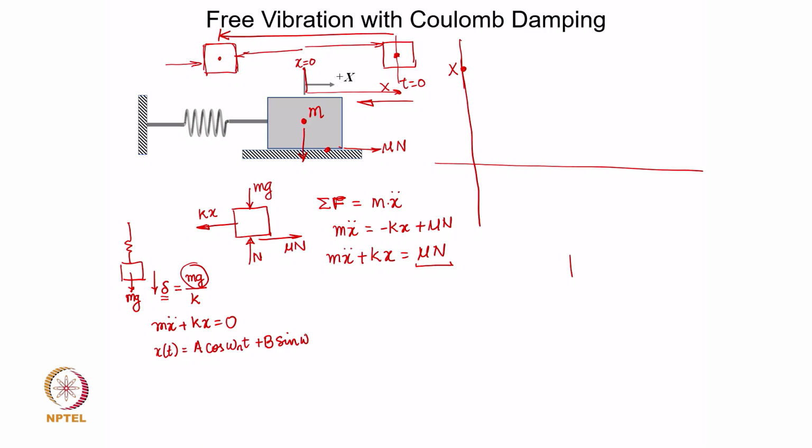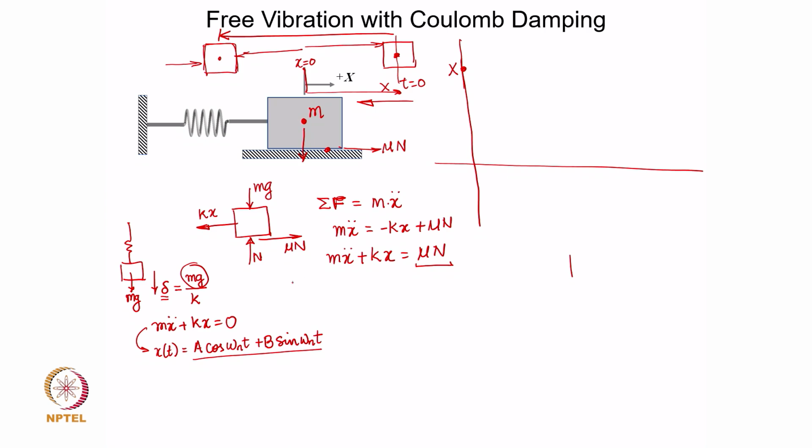So, A and B we found out from the initial conditions. This is the general solution of an equation of motion like this. So, in addition to the response generated because of the mu N constant force, there will be this response coming from the left hand side part.